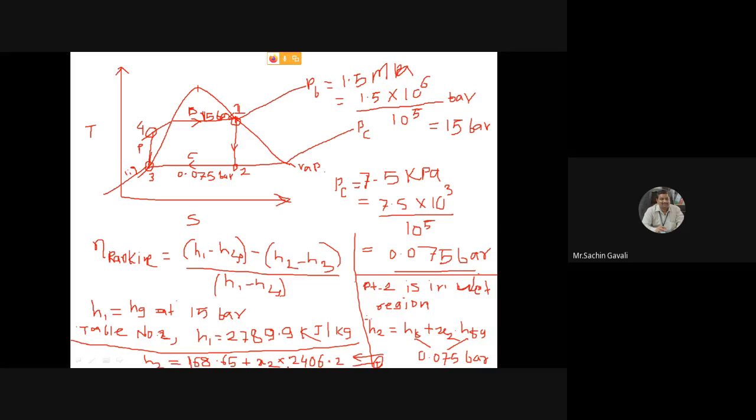Who will give a hint how to calculate x2? Shall I proceed to the next page? Okay. Then to calculate x2, write down here: determination of x2.